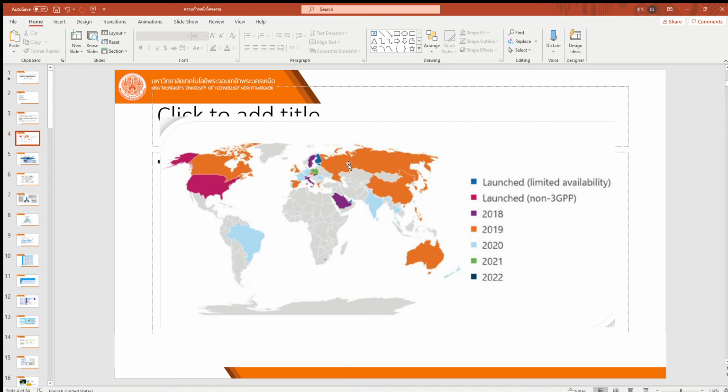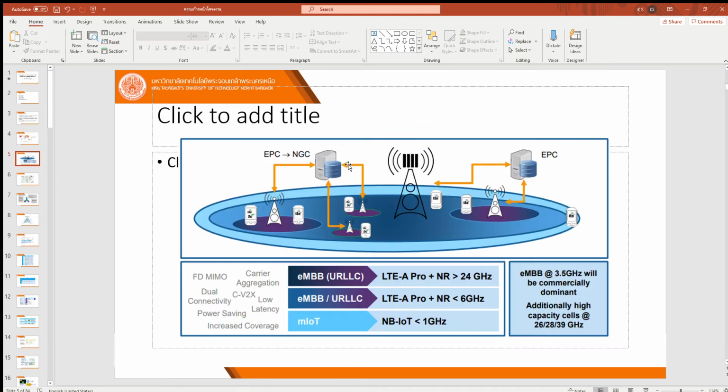So in order to do so, if we are a university and academic, how can we handle understanding the 5G system? And this is the photo of the 5G system. For 5G system, they have two networks. One has to work with 4G LTE.